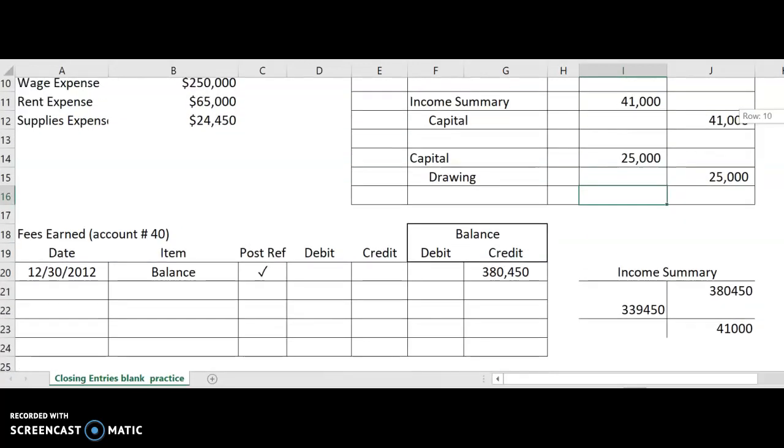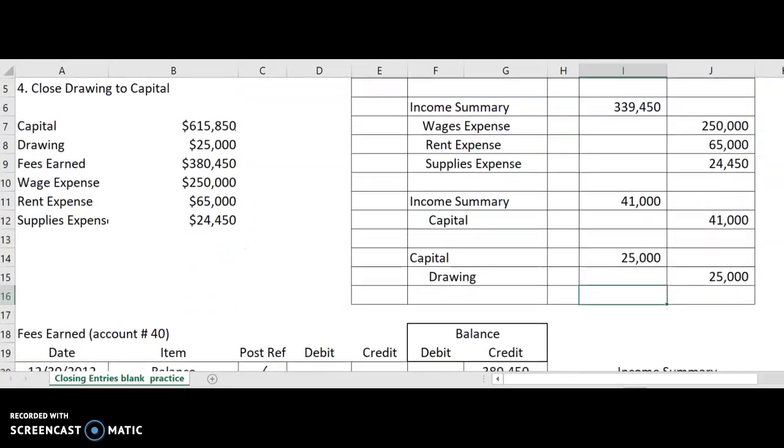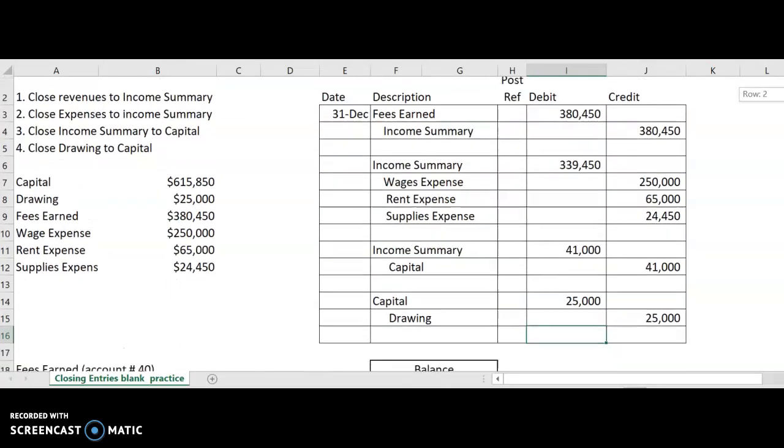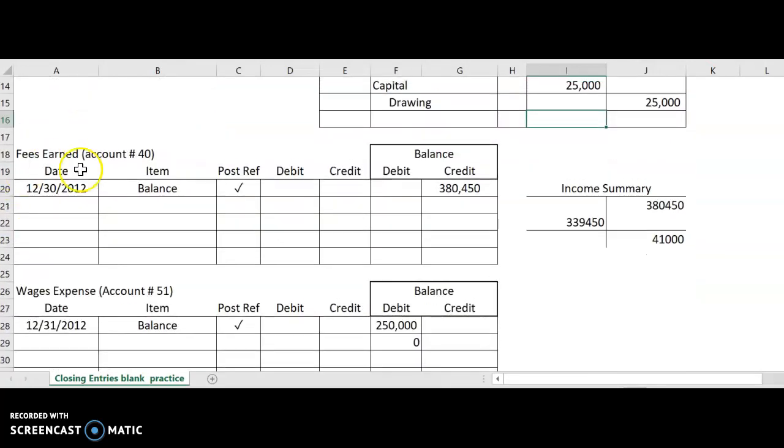So now, as always, I need to post these. So the first one is fees earned. So I find my fees earned account, and here it is. And it's coming from journal entry 1, and it was a credit of, I believe, $380,450.